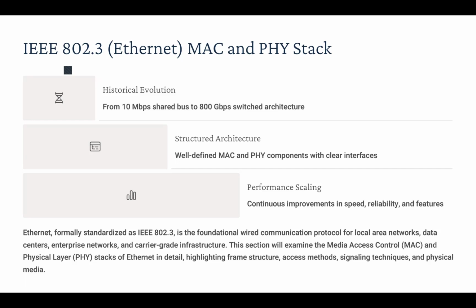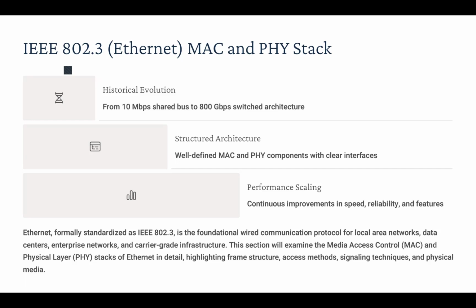We have Manchester encoding, 4B/5B, and 8B/10B for fast Ethernet and gigabit Ethernet. We have PAM5, PAM4, and 64B/66B for high speed links, each designed to maximize data throughput while maintaining signal integrity.